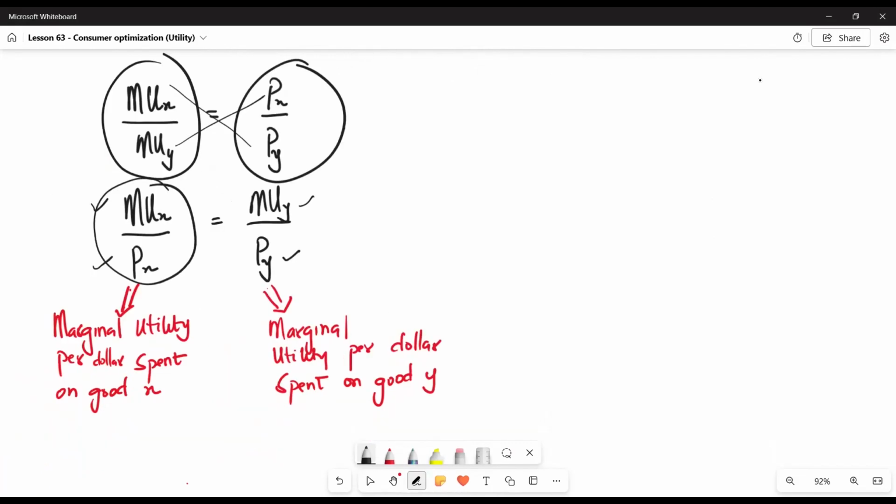This bit is marginal utility per dollar spent on good X, and this bit is marginal utility per dollar spent on good Y. So this equation says that in an equilibrium, a bundle maximizes total utility only if the marginal utility of the last dollar spent on each good is the same.